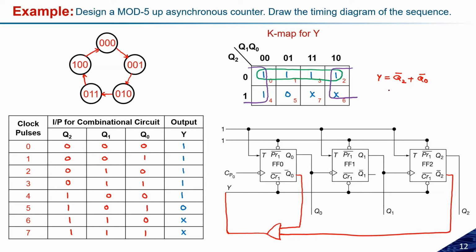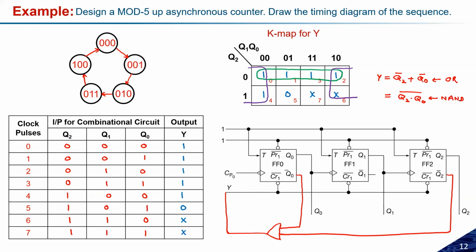Another possibility: if we simplify this expression, just apply De Morgan's theorem, it becomes the complement of Q2 dot Q0. So if I use the first form, I need an OR gate, and if I use this one, I need a NAND gate.